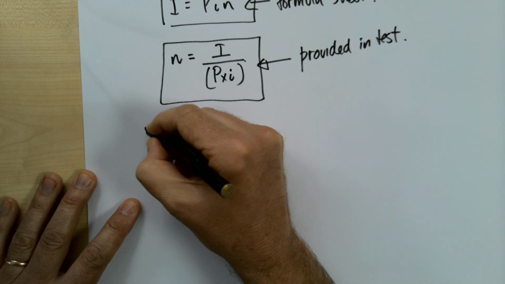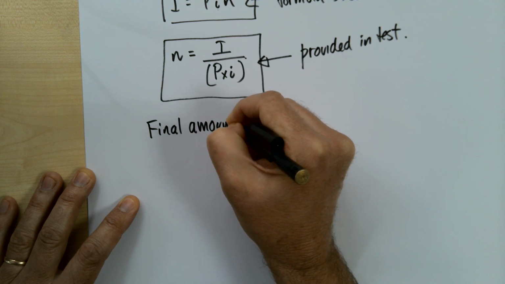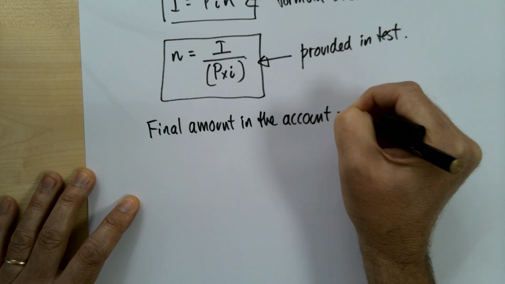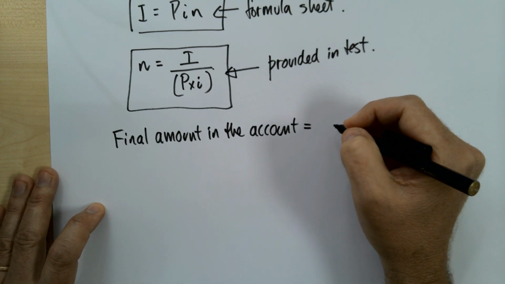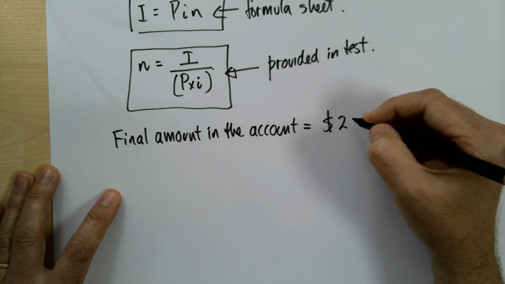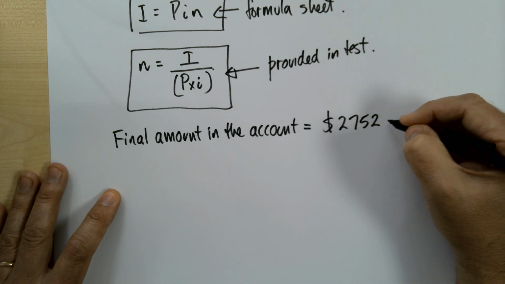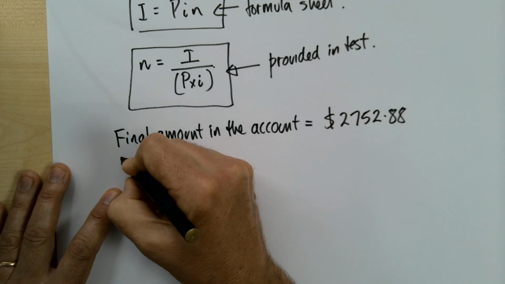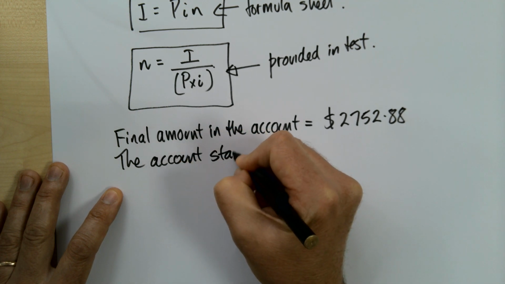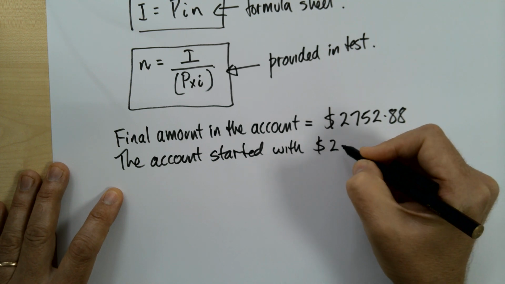Let's say the final amount in the account, after the money has been invested for a while, is $2,752.88, and the account started with $2,500.